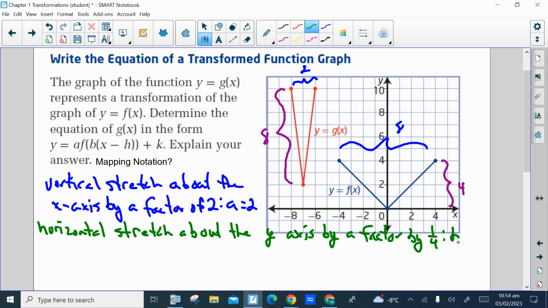Which means that our b value is 4. The b value and the horizontal stretch factor are always reciprocals of each other. The b value is the reciprocal of the horizontal stretch. The stretch is the reciprocal of the b value.